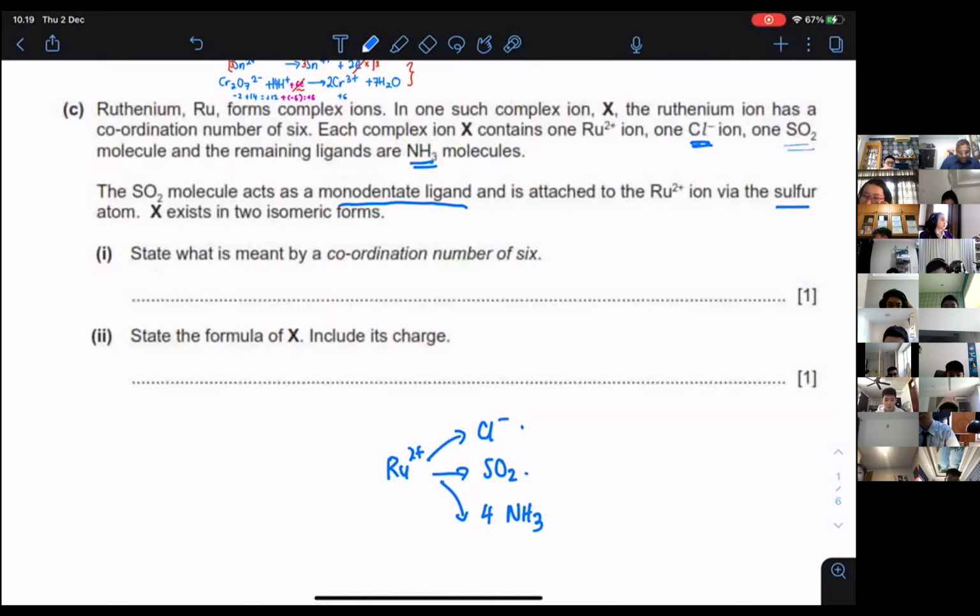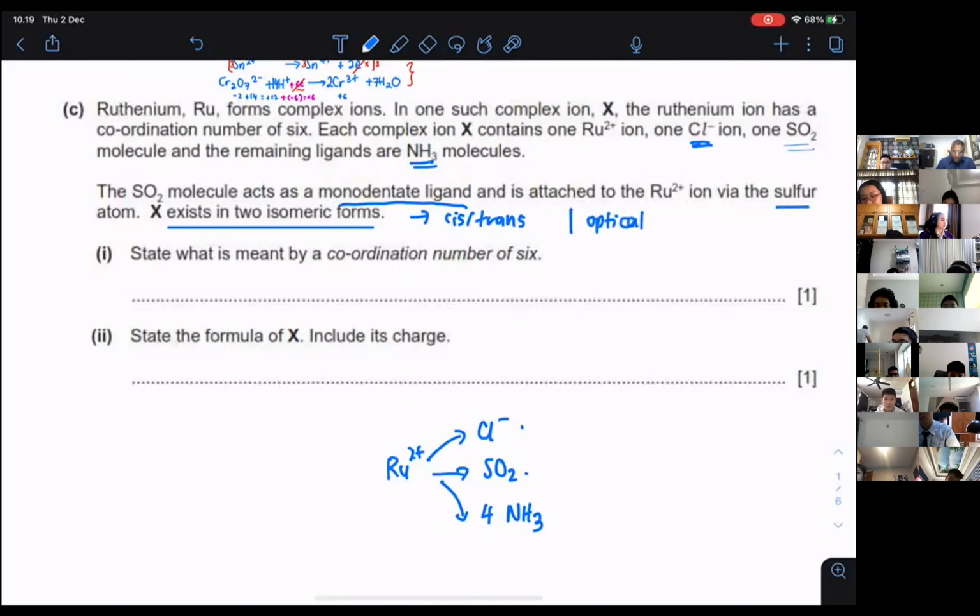And they mentioned that this can exist in 2 isomeric forms. So we have learned the 2 isomeric forms can be cis or trans, cis and trans. And we also learn optical isomerism.